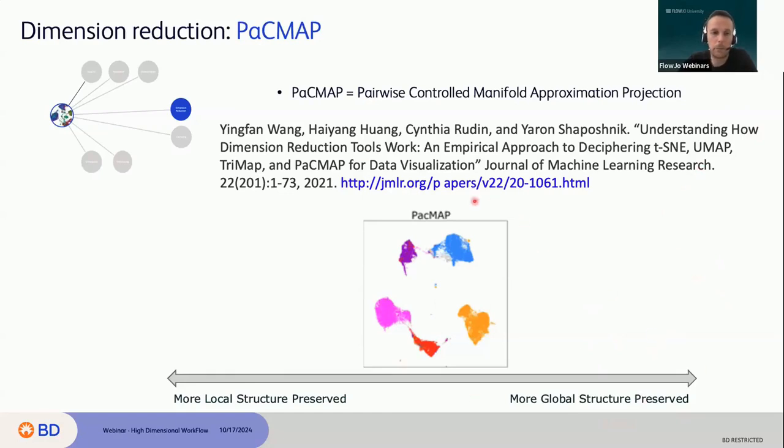And PaCMAP here claims or shows that it is able to keep both. So a really nice local structure preserved, but also the best global structure preserved. So let's dig a little bit into their paper and explain why they say they're the best of the two worlds.